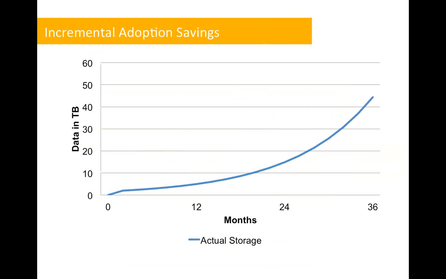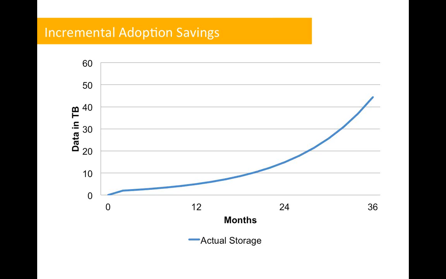Then let's talk about incremental adoption savings. In terms of storage, this is a graph of a potential storage usage in terabytes over 36 months. Over these 36 months, you can see that you start off using 0 at the beginning, and then you add more and more storage regularly over time. Remember, you're only paying for what you use.